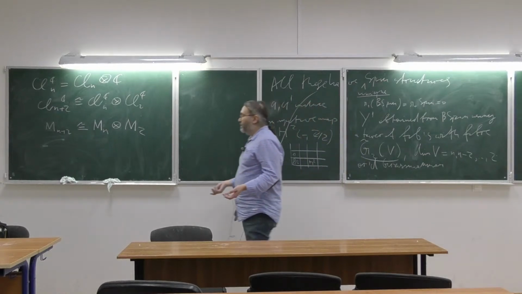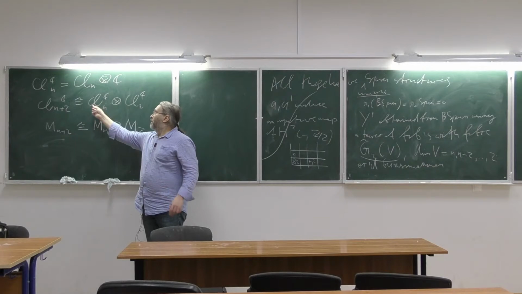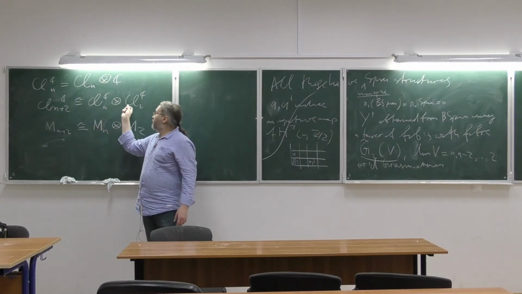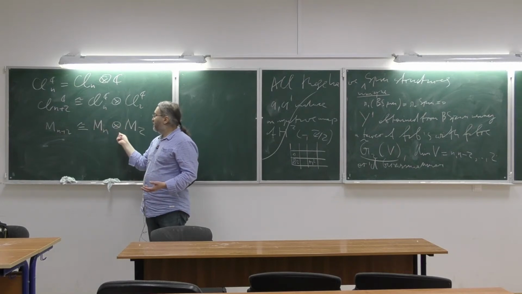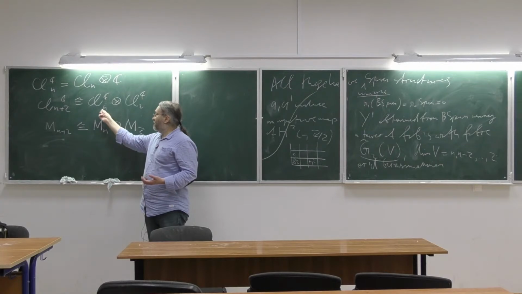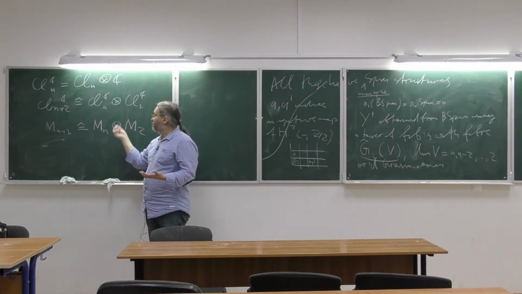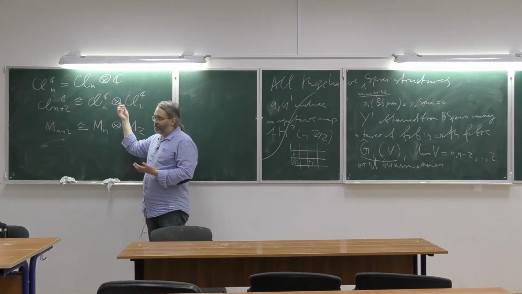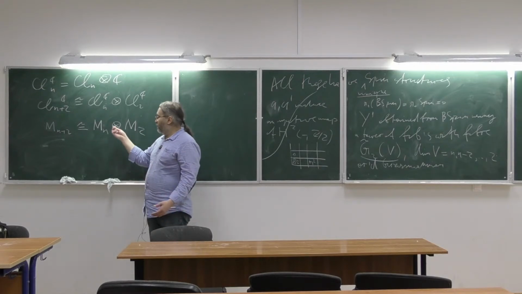If we have a tensor product of two algebras and a module over the first one, another module over the second one, the tensor product of the algebras, we assume that they are over the same base ring, will act upon the tensor product of the modules.